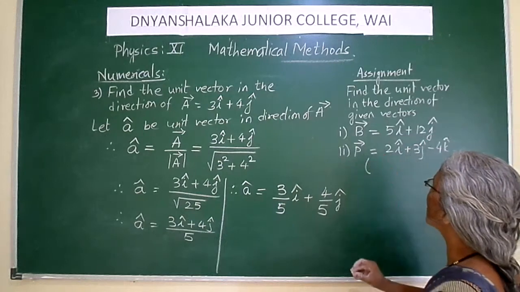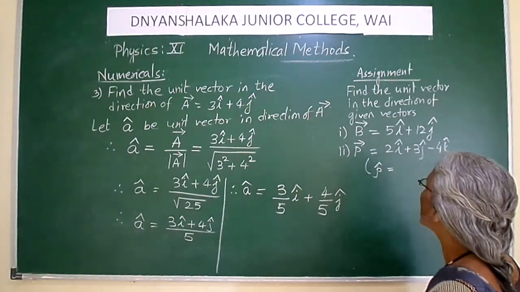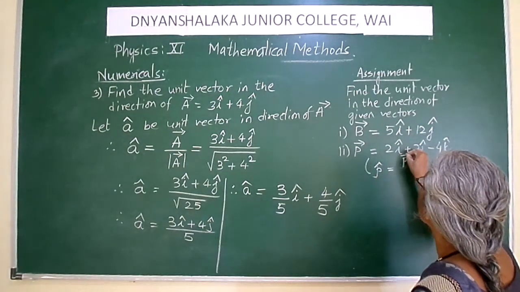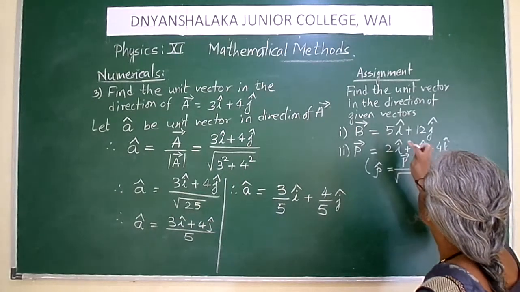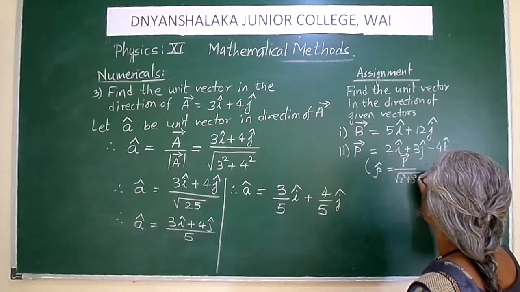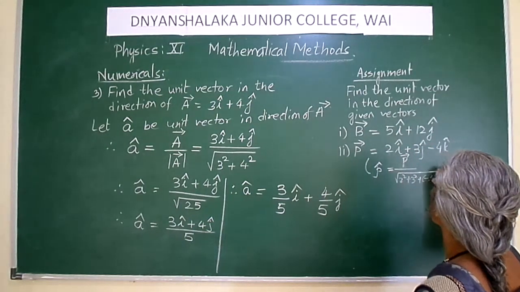Here I am giving you the hint. P-cap will be equal to vector P upon magnitude of vector P, which will be under root 2 square plus 3 square plus minus 4 square. Getting it?